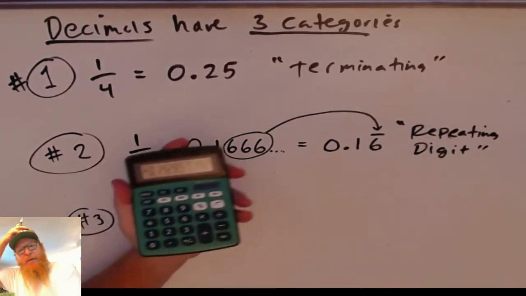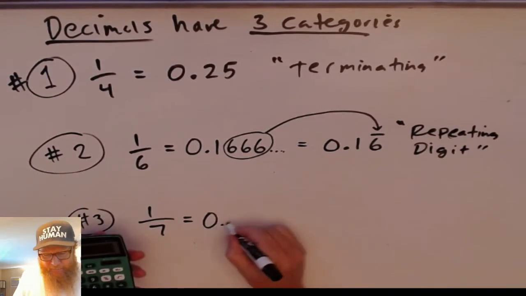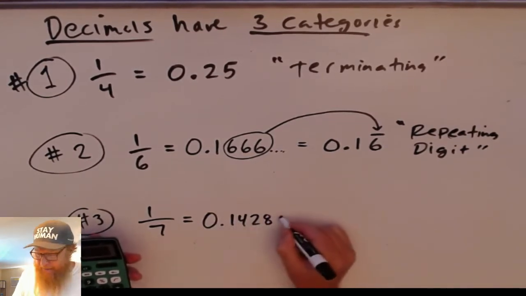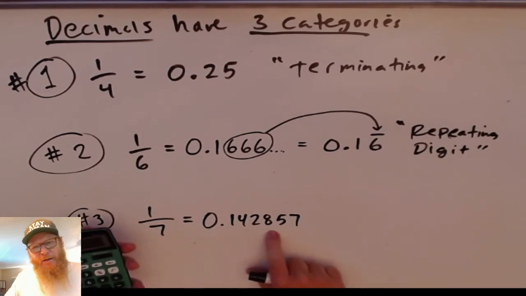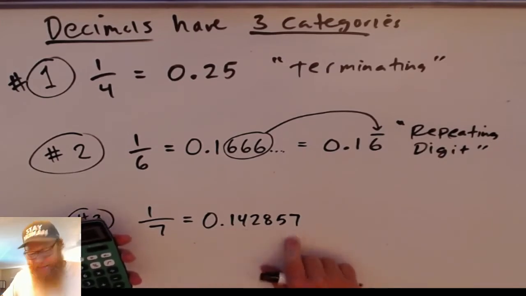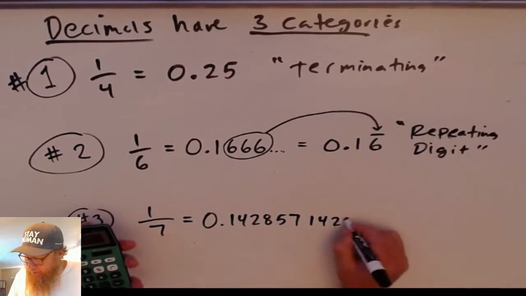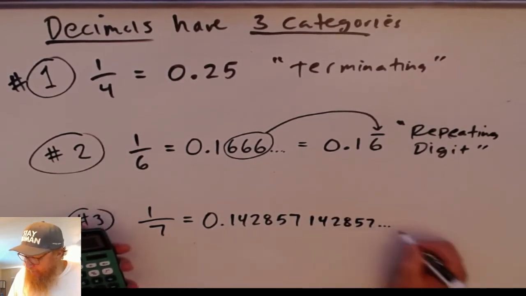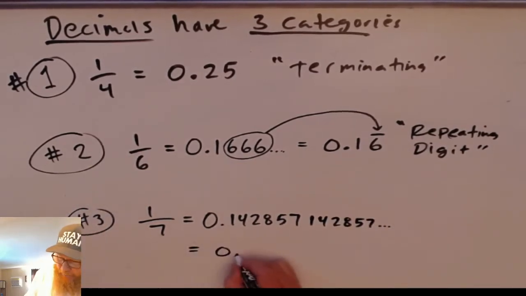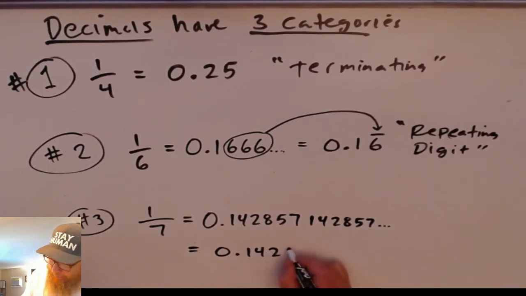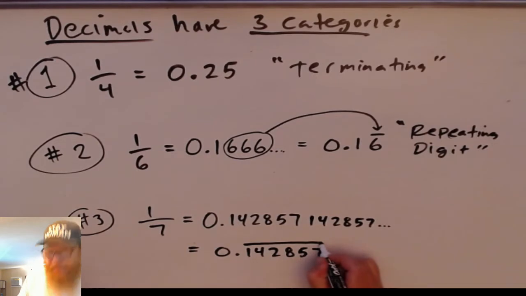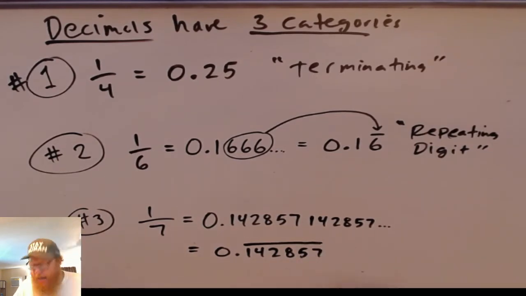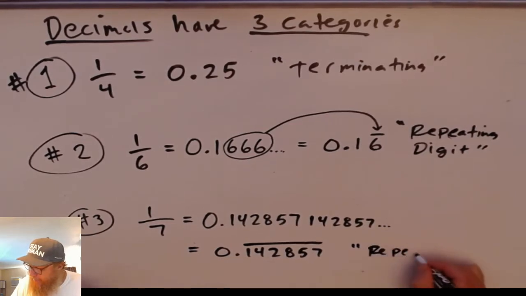When you divide by 7, you get 0.142857, 0.142857, and then it repeats again, 142857. This is what we call a repeating block. So the entire block, 142857, is repeating.